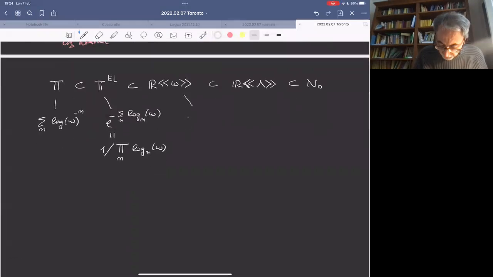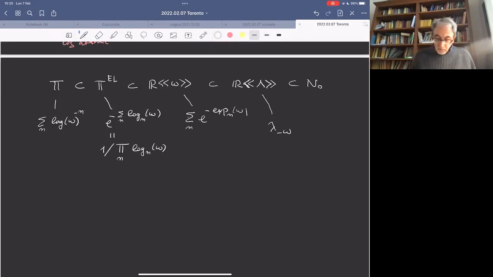In the bracket of omega, and not in the preceding ones, we may have something like the sum over n, natural number, of minus exp n times of omega, which is of course also here. Here we may have, for instance, lambda minus omega, which will serve as an integral of this guy. So if you take the derivative, you obtain that guy.